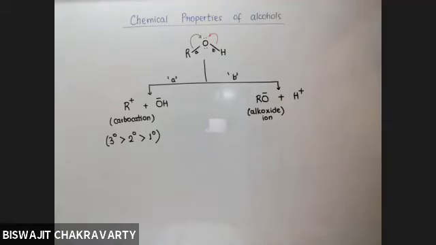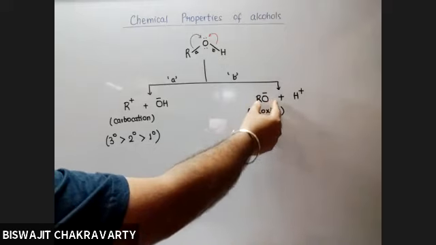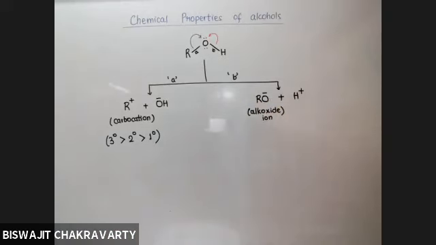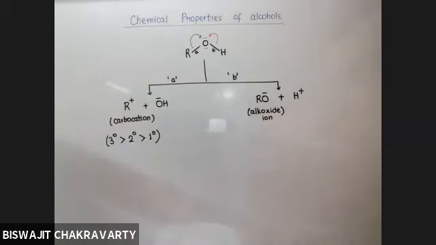Yes, sir. Okay. Come to this one. Here, this ion, the alkoxide ion, is already electron rich. And if you have more number of alkyl groups, then it will be destabilizing the alkoxide ion, isn't it? Yes, sir.